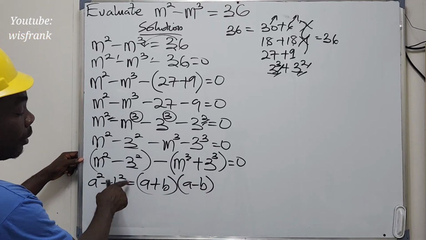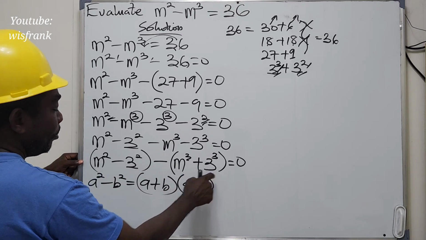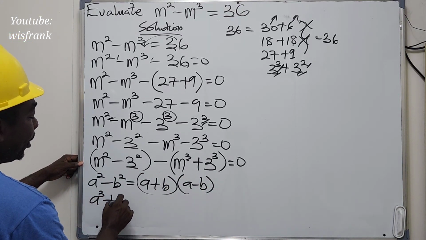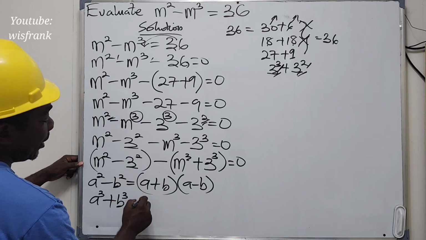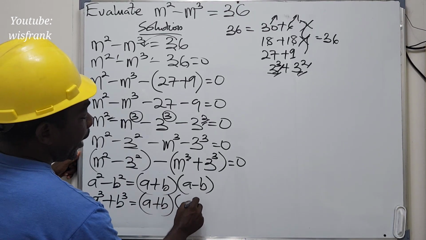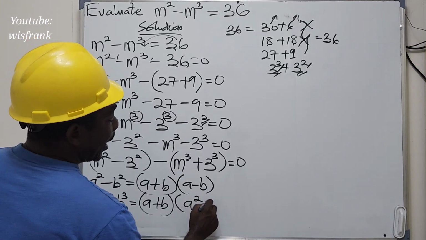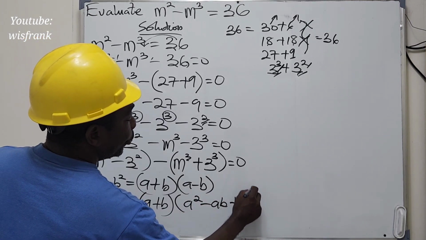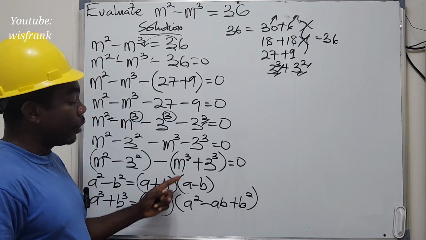So this is what we have for the first parenthesis. And this second parenthesis is in the form a to the power of 3 plus b to the power of 3. This is the same thing as a plus b all into a to the power of 2 minus ab plus b to the power of 2. So this is what we have for this.